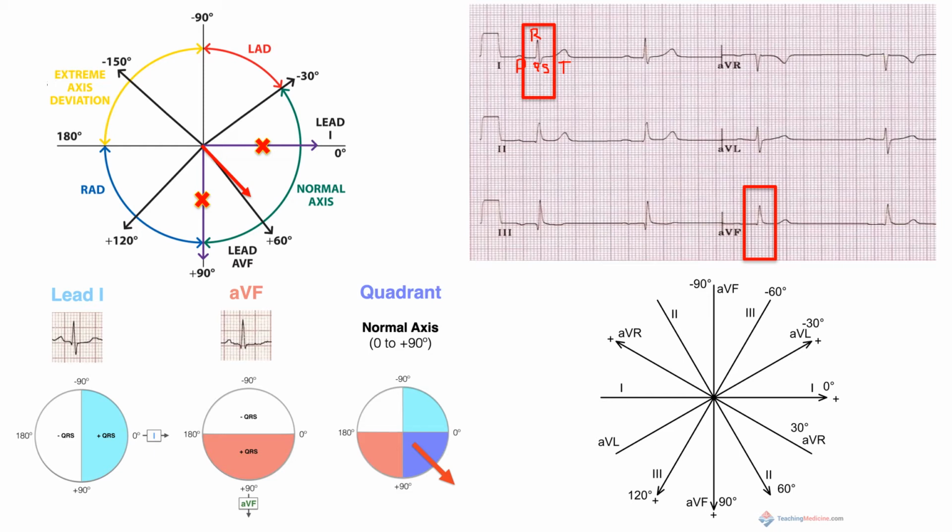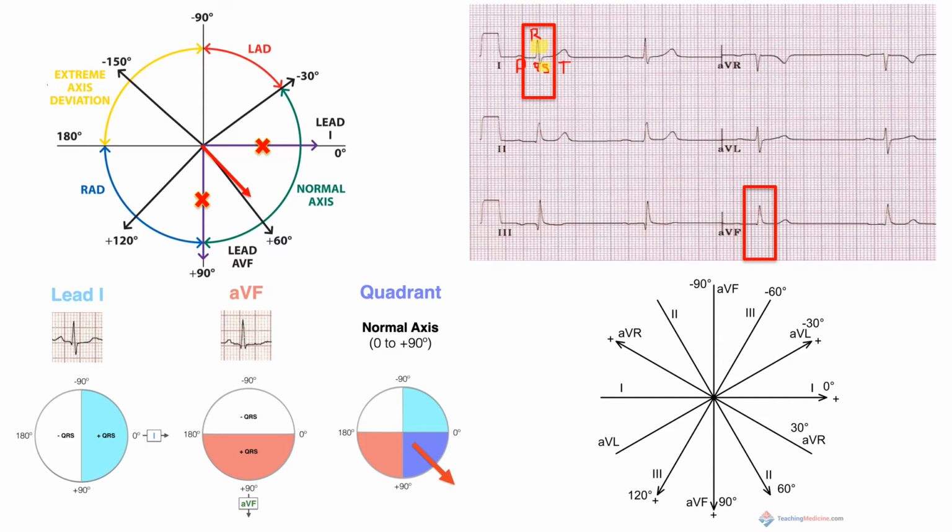What you want to do is compare the amplitude of your R to your S. If I take a look at the amplitude of my R, I'm going to highlight it for you. So here's the amplitude for my R, and do you see how small the amplitude for the S is?